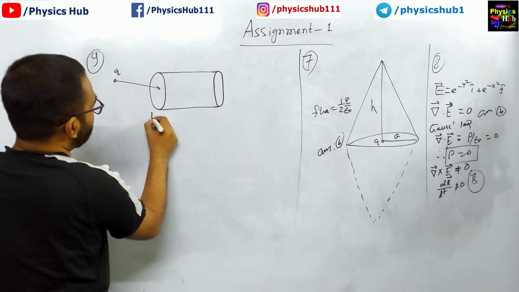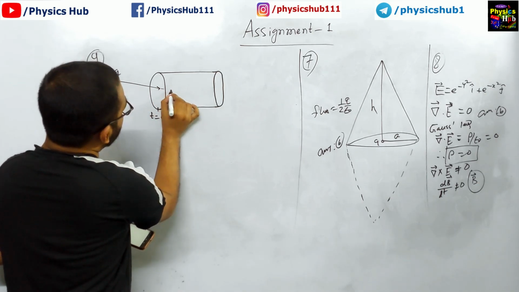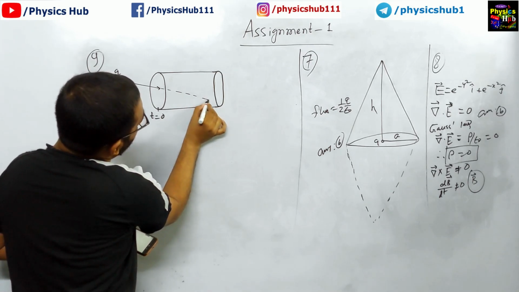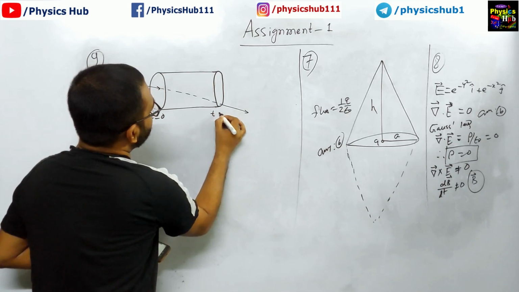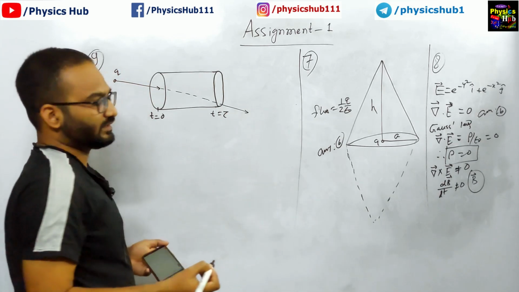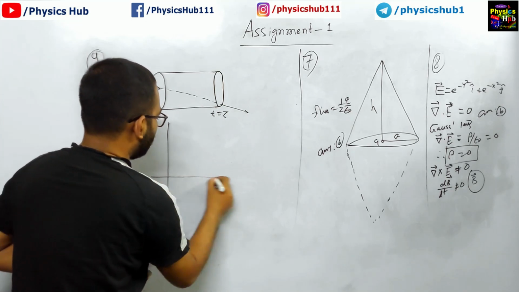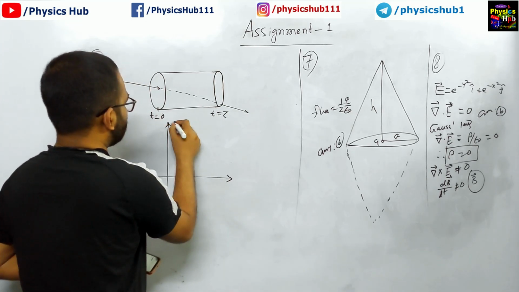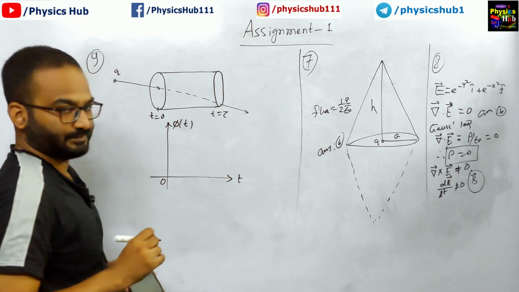Let's say it enters at t equals 0 at this point, goes through this cylindrical path and leaves the region, meaning it leaves the electric field region at t equals tau. You have to plot how the flux phi of t versus t looks. Let's say this is t equals 0.